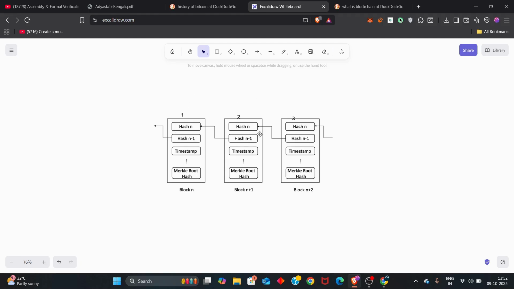The one node contains the hash of its own, and then it contains the hash of the previous one, then all of the other things.